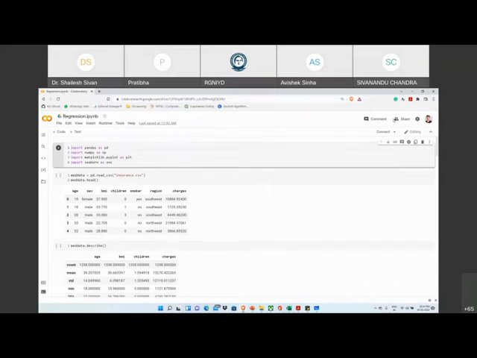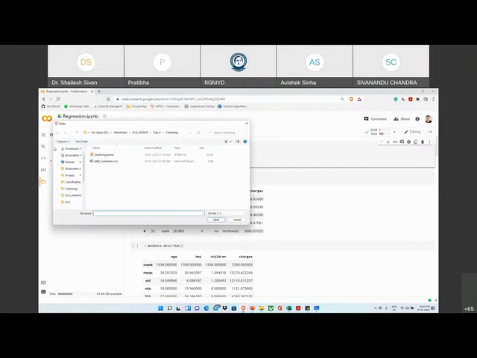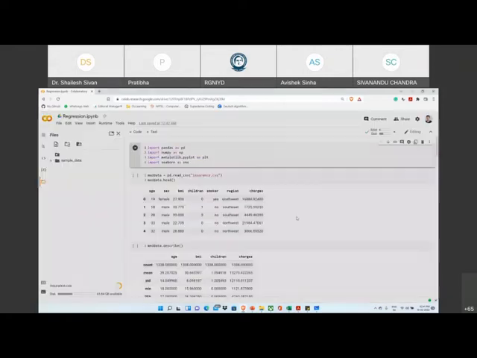Then after connecting to Google's cloud server, you can upload the insurance.csv file on the local memory available for us. You can see the insurance.csv is now uploaded.